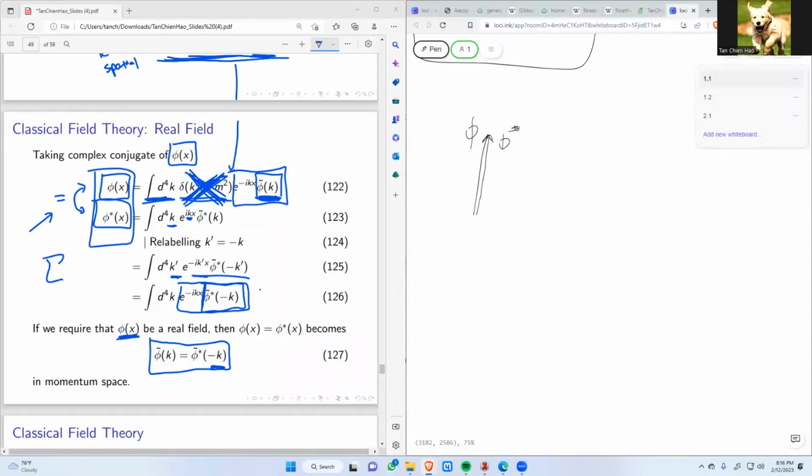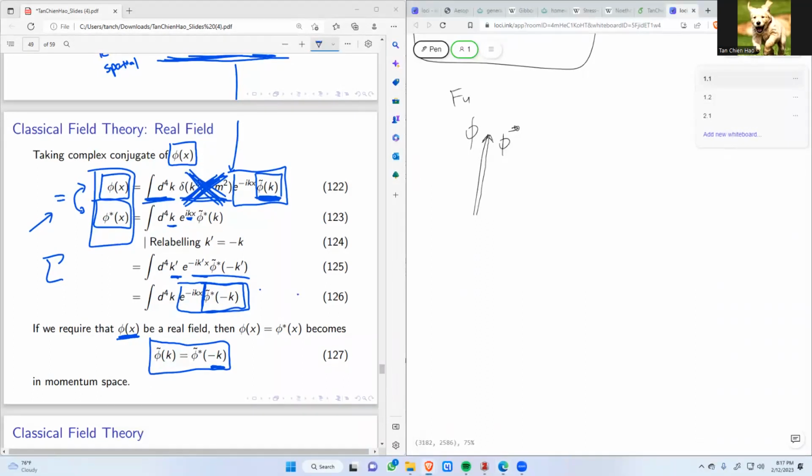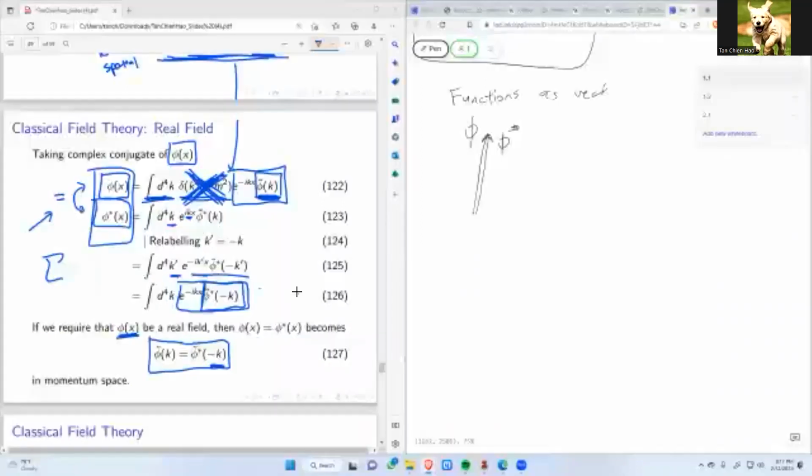If the two of them are equal as vectors, then all the components must be equal. If I expand it in terms of a basis, in this case the Fourier basis e to the minus ikx. So once again, it's very useful to think of functions as vectors in some function space. This is referring to infinite dimensional linear algebra, which is very useful when you talk about quantum mechanics and physics in general.